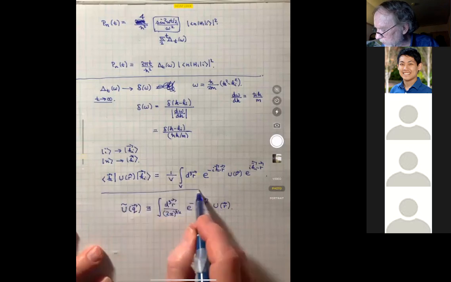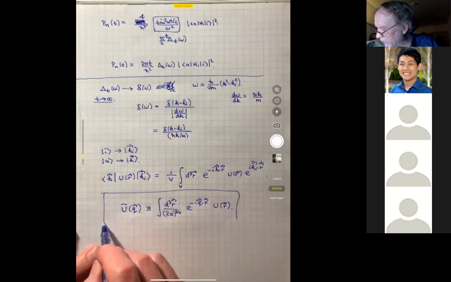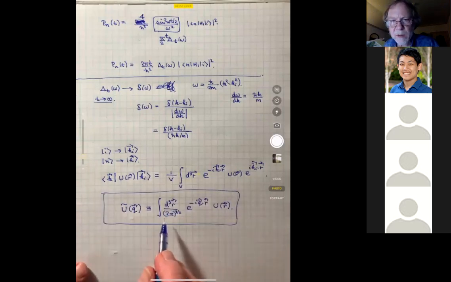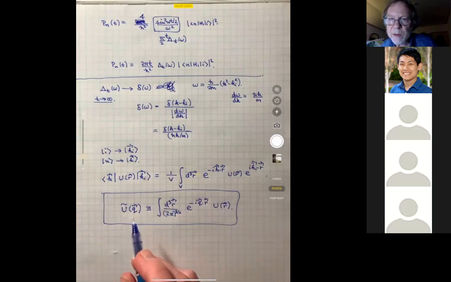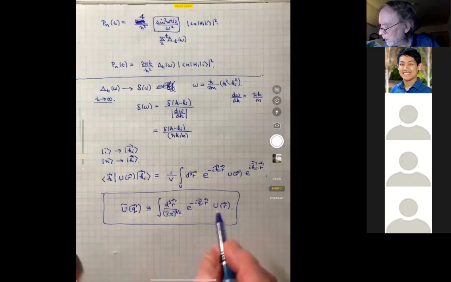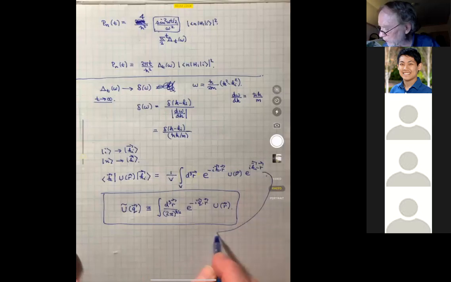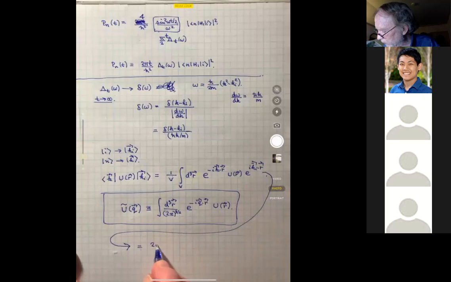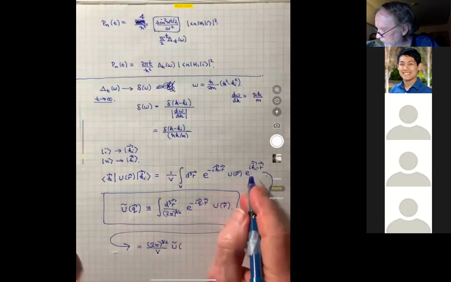This is just the usual Fourier transform, except that I've used a convention of normalization that balances the factors of 2 pi. It's just a matter of preference, but I have to say what my convention is, and so allow me to use this convention for the Fourier transform. Now, if we do this, then this integral, which is the same as the matrix element, turns into 2 pi to the 3 halves divided by the volume V times U tilde of K minus K initial.